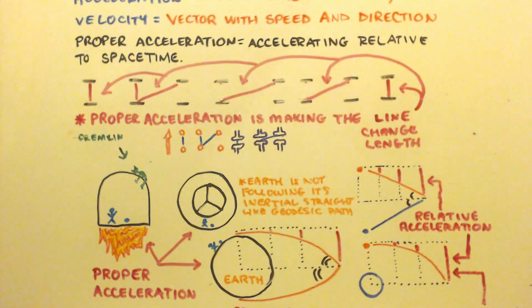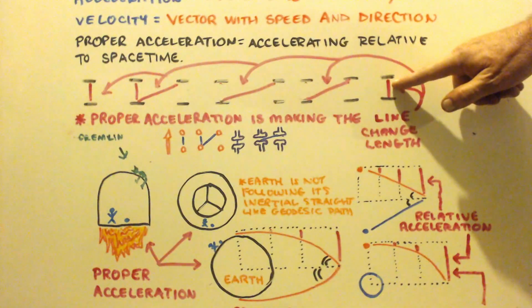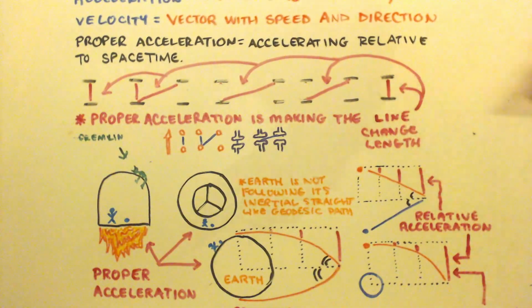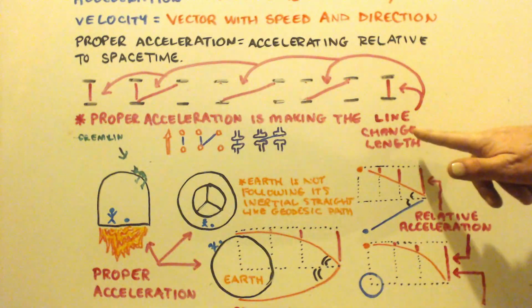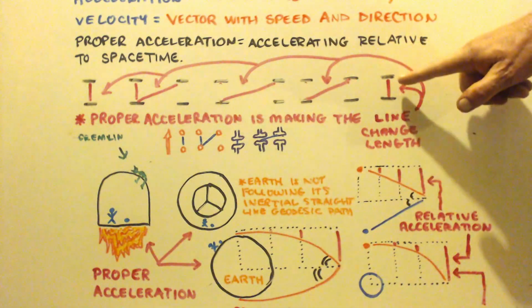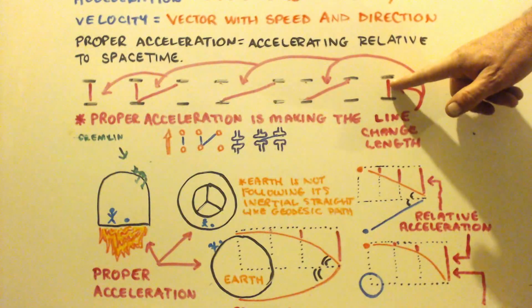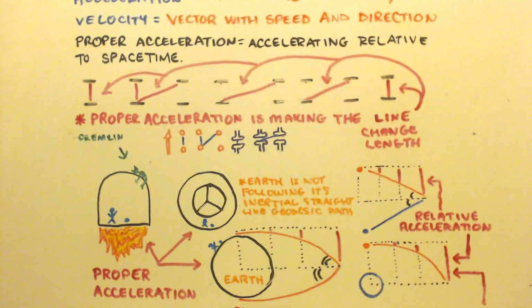So you want to know the exact definition of proper acceleration. The exact definition is making this line bigger or smaller. That is it. Proper acceleration is making the line change length. If you change the length this light has to travel, by moving, you are accelerating. That's proper acceleration.